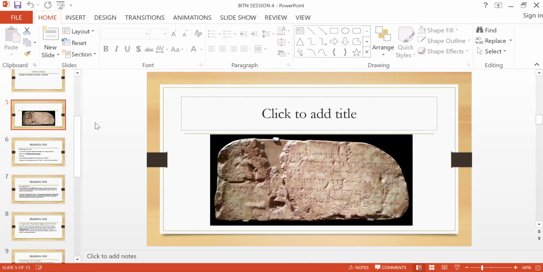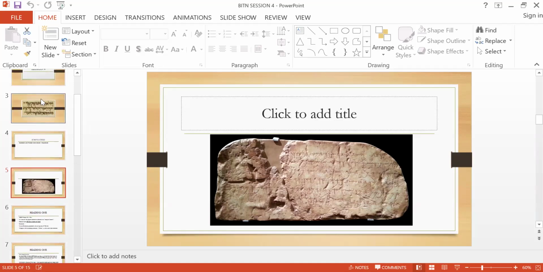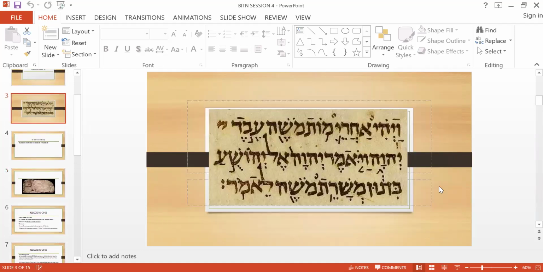I'm sure you've seen that in some places. Much later, we had the Masoretic. But before the time of David, there were no vowels, just consonants, and so on and so forth.